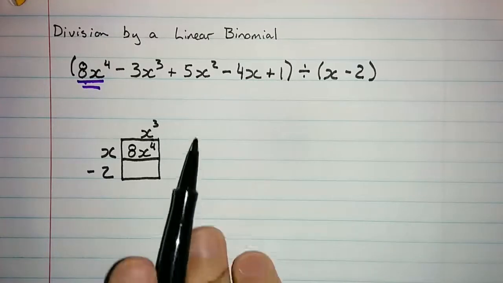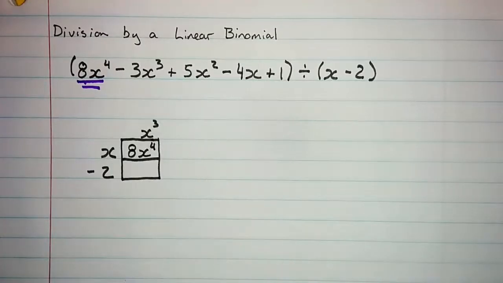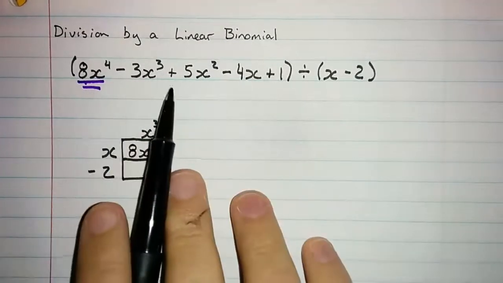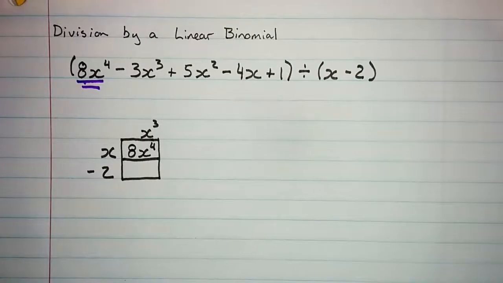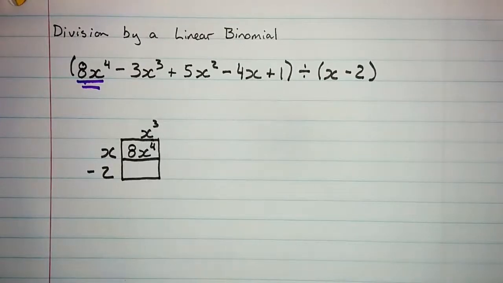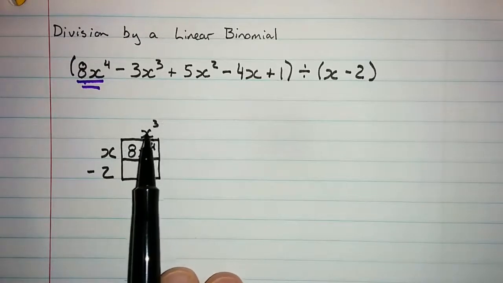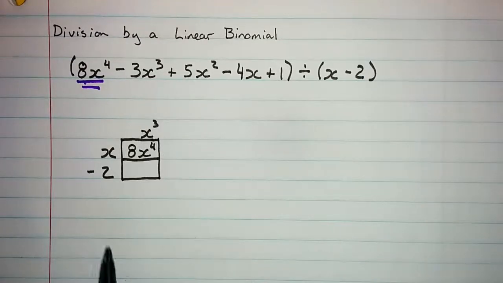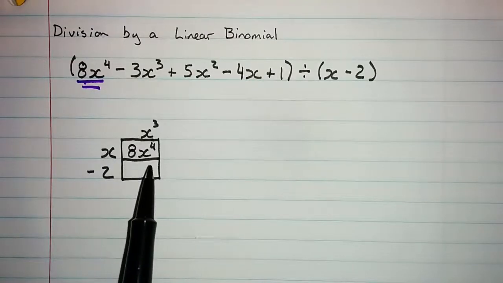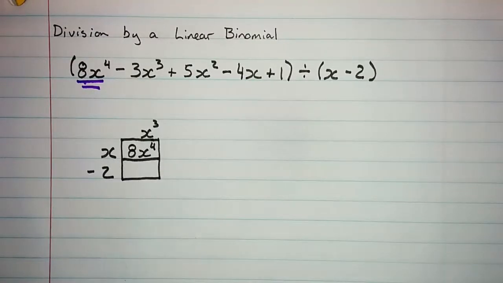We won't have anything higher degree in our quotient because that would give us something in our dividend higher degree than x to the fourth. And there's no time when multiplying anything of degree 3 or lower by my 2 is going to give me an x to the fourth term. So x times this term of my quotient has to give me x to the fourth by itself.